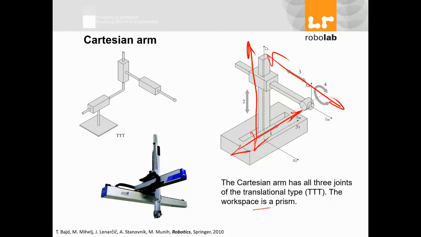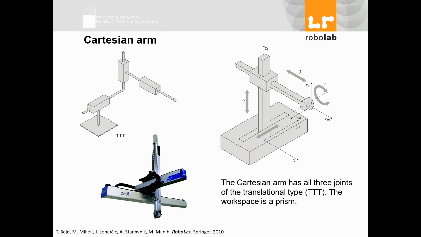The workspace is a cube or a prism, basically depending on the shape, because your links need not be straight. Your link can be bent, can have different shapes depending on what you need. And you need to shape your links considering the mass and force you're applying. It doesn't make sense to have all of them with the same size and shape, but it depends on the application and the type of robot we are using.